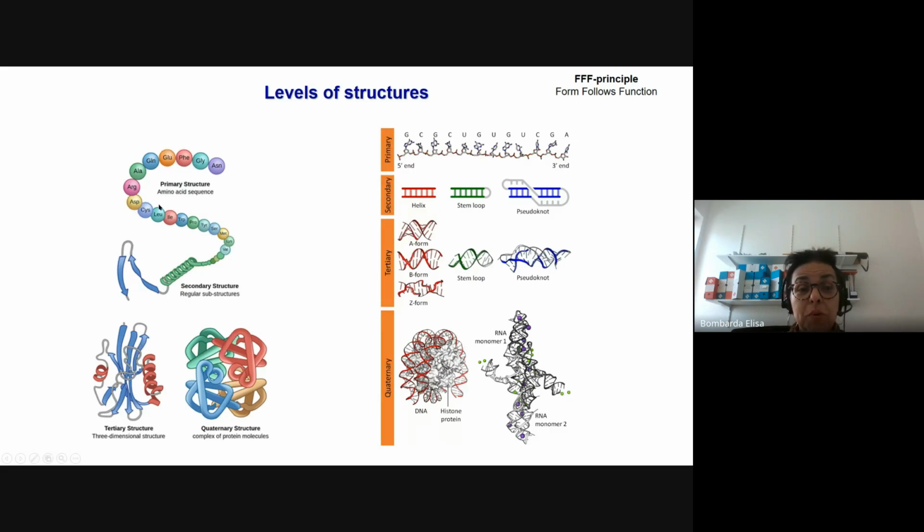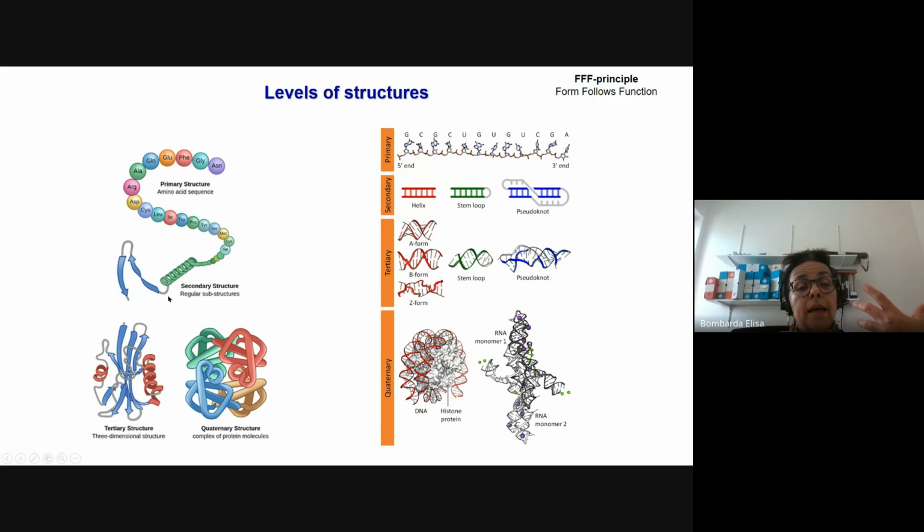It's just the sequence for the protein, and the sequence also for the nucleic acid, a chain of bases. And then they organize in a secondary structure: for the protein, the alpha helix and the beta sheet, and for the nucleic acid, for example, the double helix, the stem loop, etc., etc.